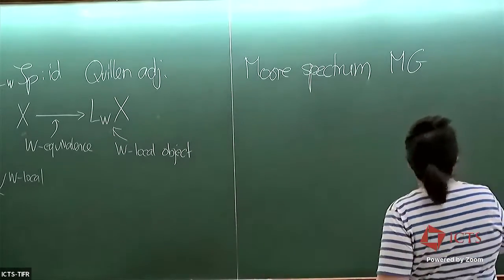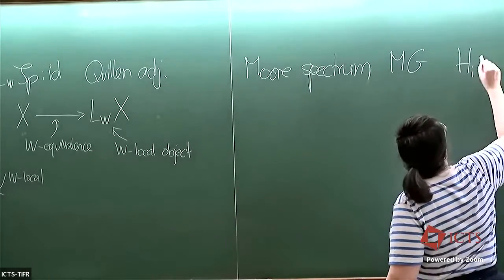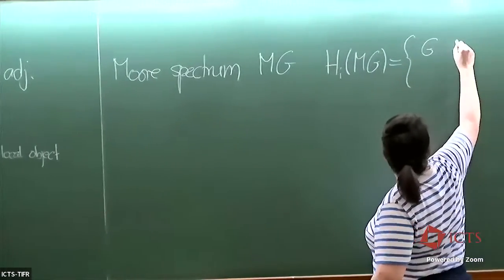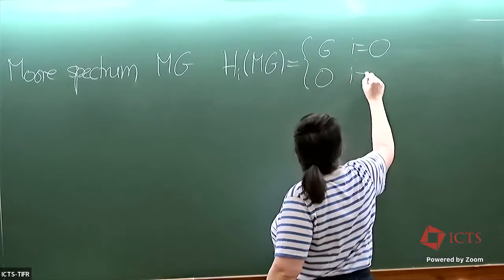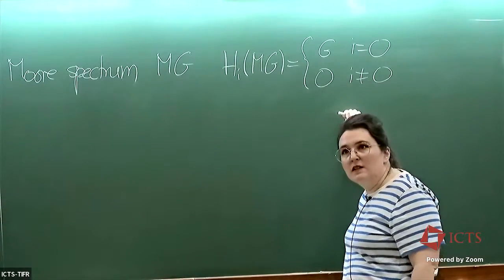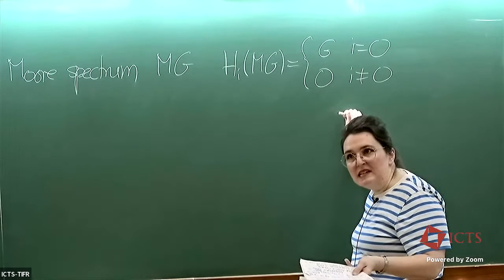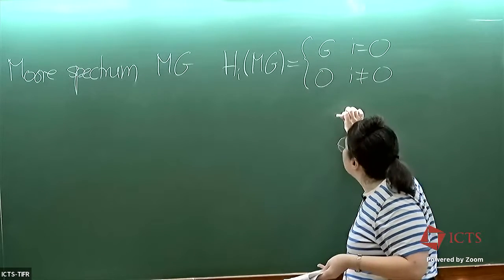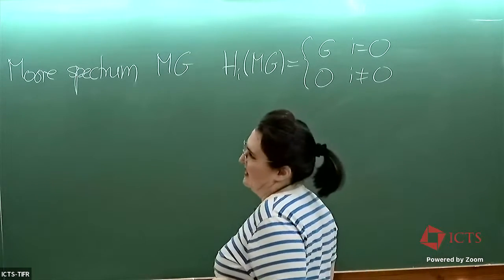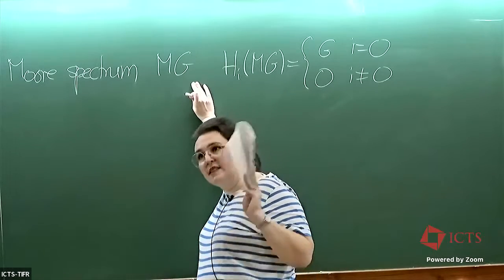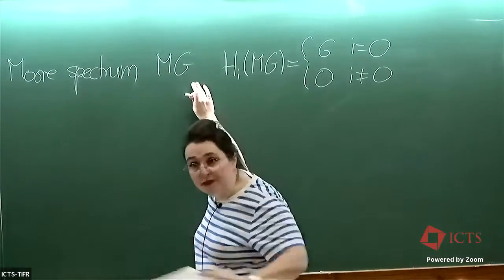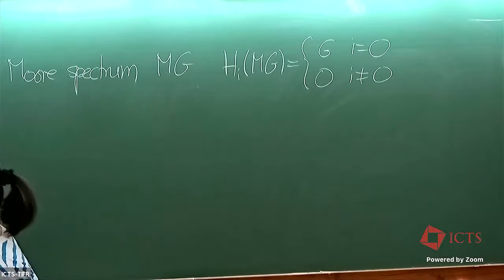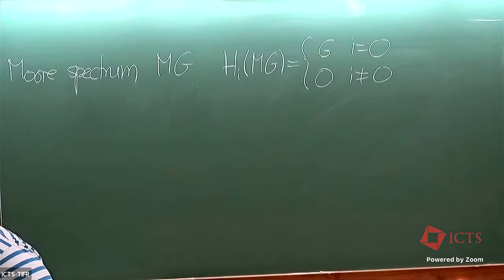So a Moore spectrum is a spectrum that has a homology group G in degree 0 and 0 elsewhere. So the sphere is the Z Moore spectrum, which kind of indicates that those guys are the ones with easy homology and horrific homotopy. And the Eilenberg-MacLane spectra are the ones with easy homotopy and horrible homology.